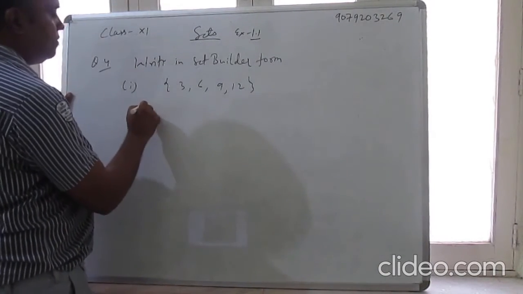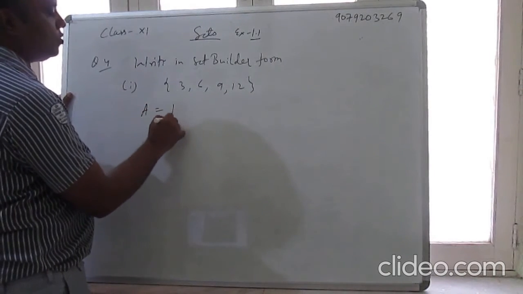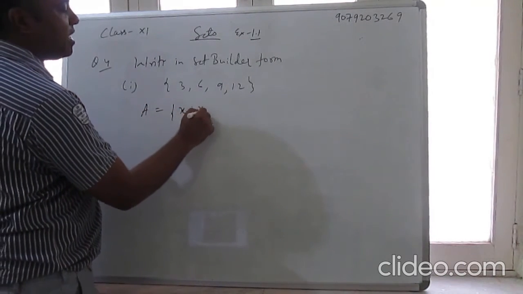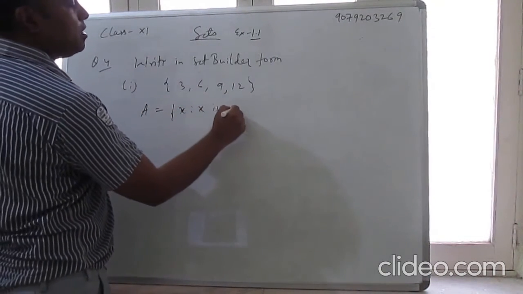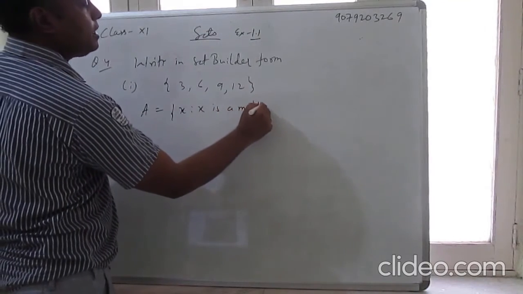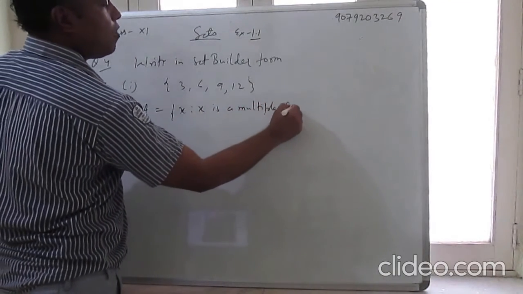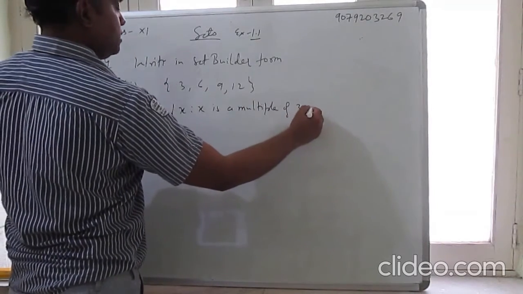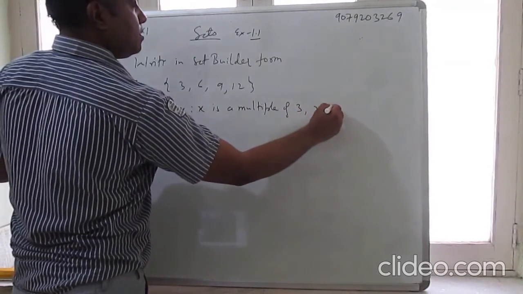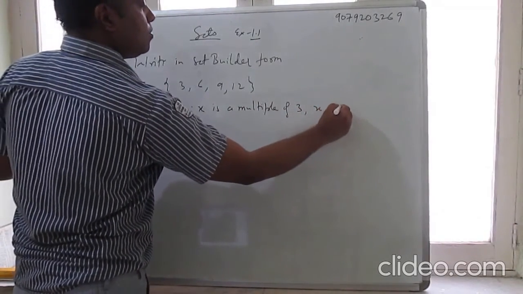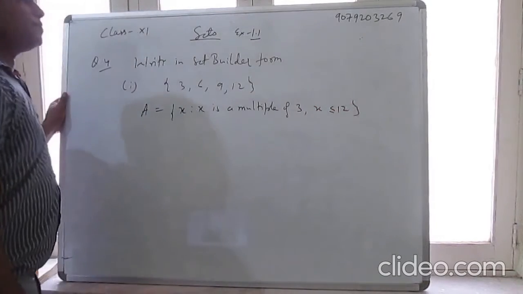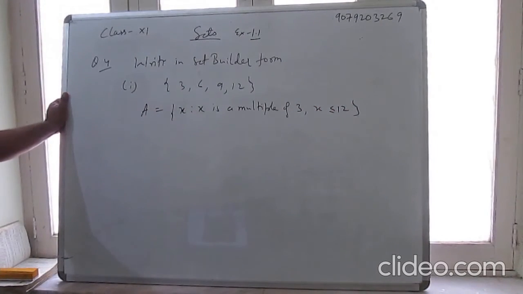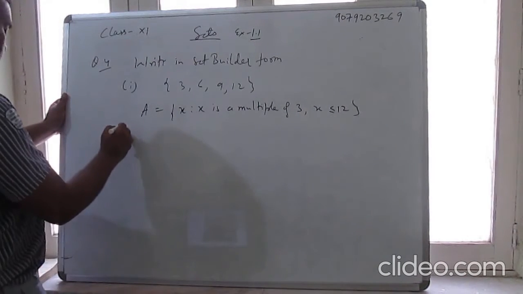So give this name: A is equal to the set of x such that x is a multiple of 3, where x is less than or equal to 12.